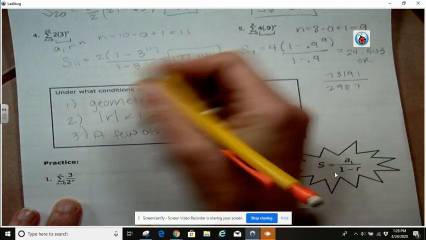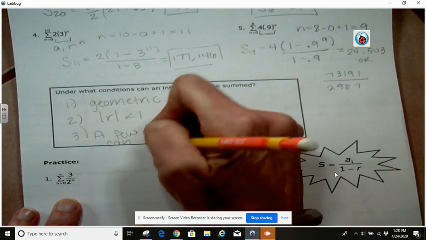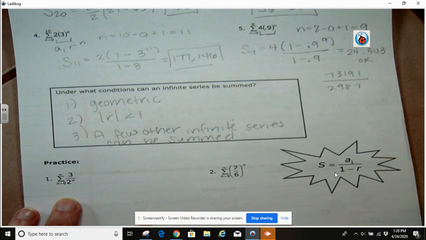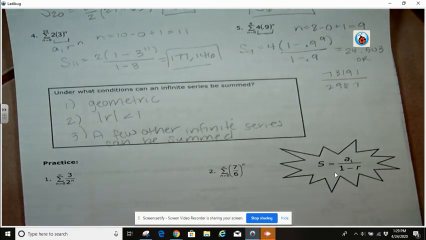But we will talk about that one later. So for now, because we've only talked about arithmetic and geometric, for an infinite series to be summed, it has to be geometric, and the absolute value of the common ratio has to be less than 1.